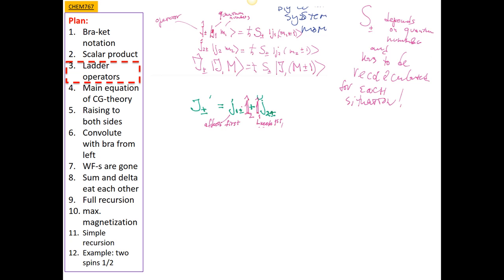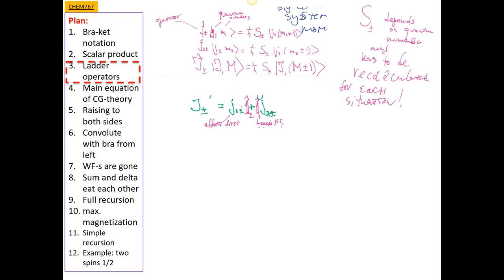I do not want to think, but I like calligraphy, I can repeat this equation 3 times. All work, no fun. Just replacing the indices: J2 plus minus acting on J2 m2 is S plus minus J2 m2 plus minus 1. There is no reason to do this. You can just imagine how it looks.